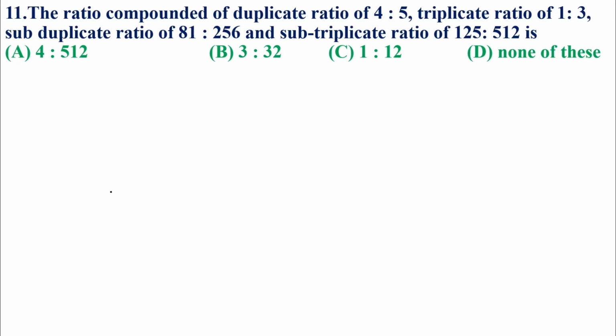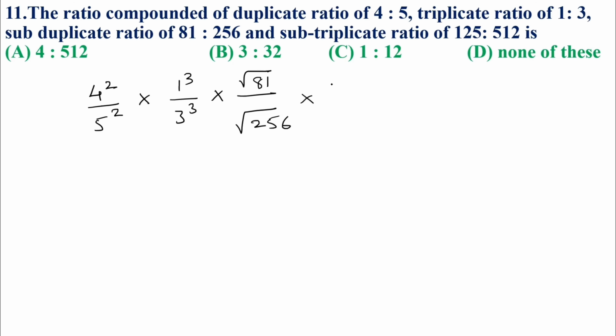The ratio compounded of duplicate ratio of 4 is to 5 means 4 square by 5 square, into triplicate ratio 1 cube by 3 cube, and subduplicate ratio means square root of 81 by square root of 256, into subtriplicate means cube root of 125 by cube root of 512.